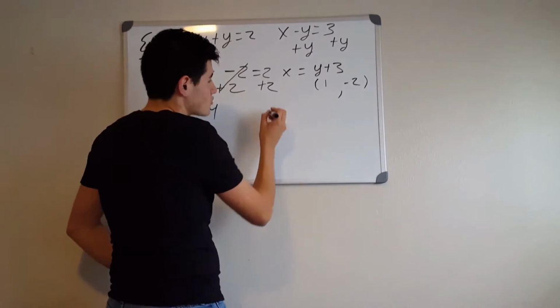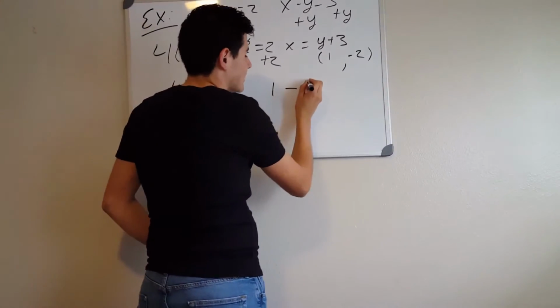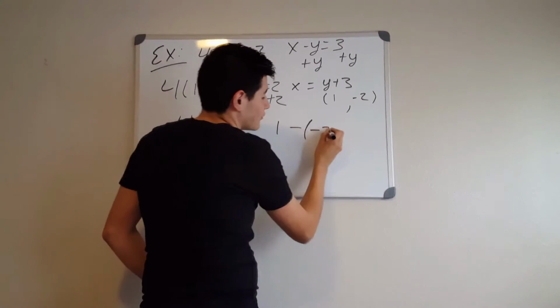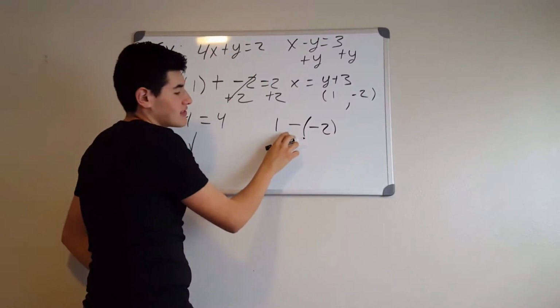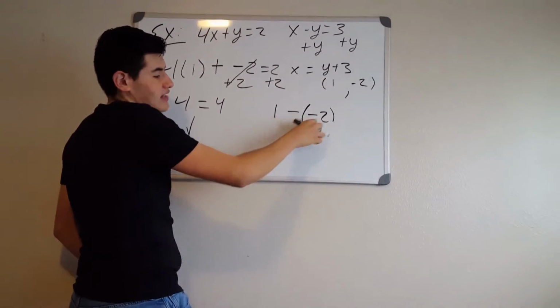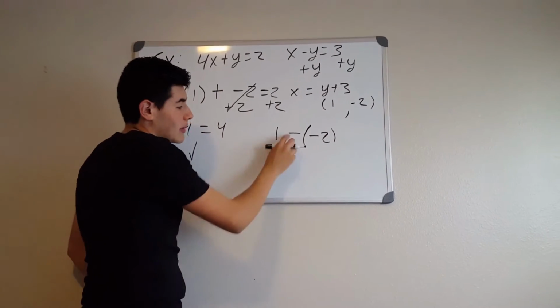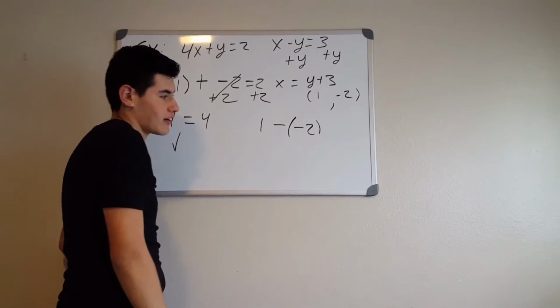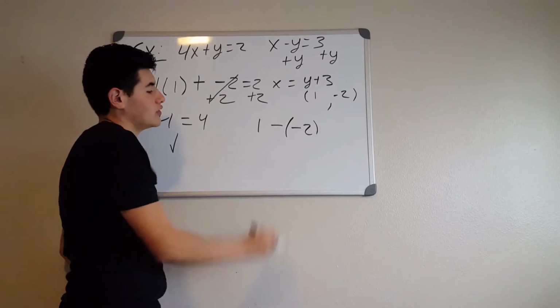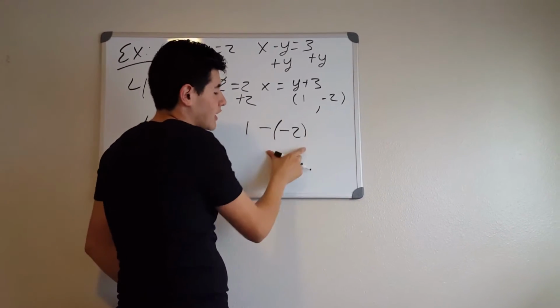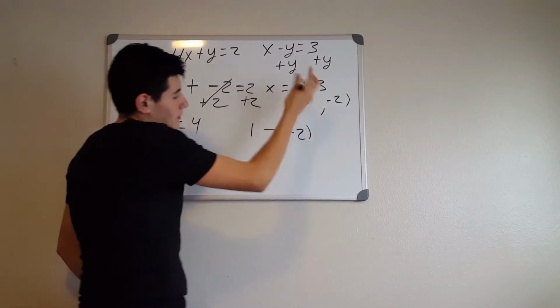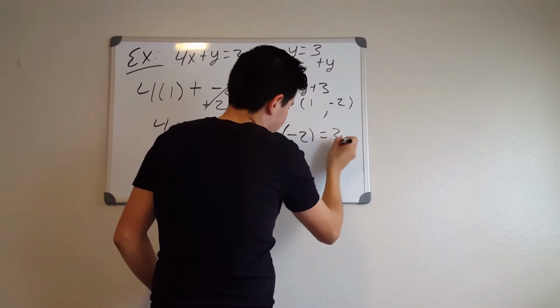So we have x minus y, 1 minus, be careful here, negative 2. The reason I say that is because a lot of people will often see a negative sign and they'll see a minus and they'll drop the negative sign on their constant. Make sure you don't do that. If you see minus negative, put it in parentheses. And then is equal to 3.